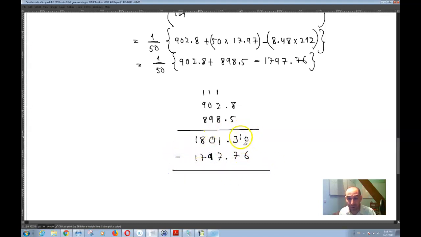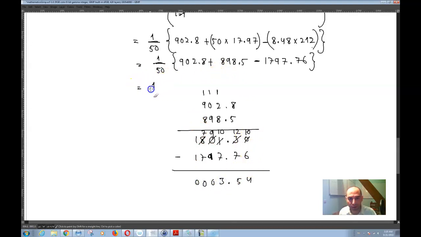Okay, and then you can make this 7, 10, 9, 11, 10, 12, and 10. So that gives 3.54.